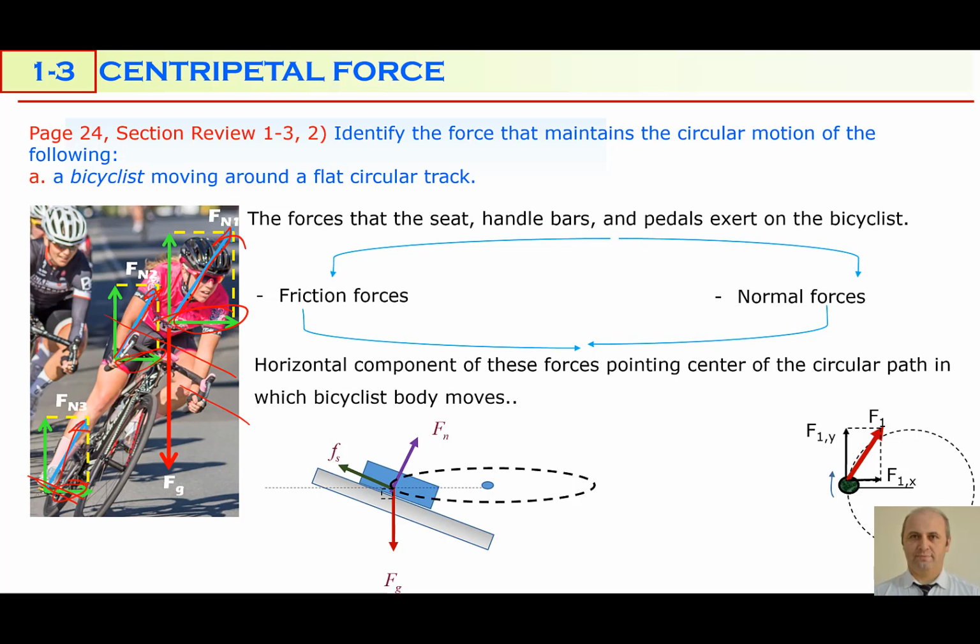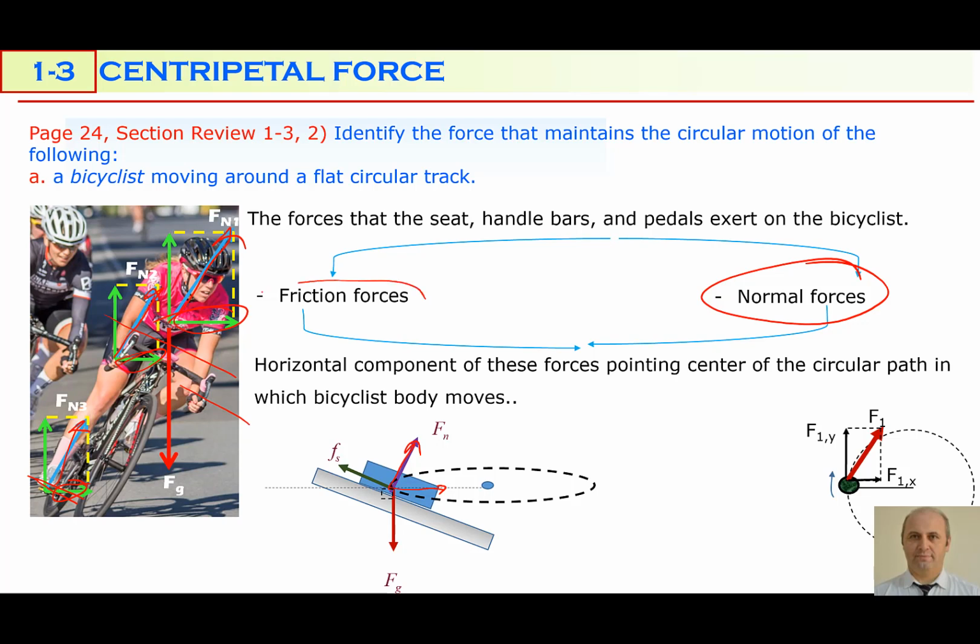If it were vertical, the normal force would not give a contribution, but because the bicycle becomes inclined, the normal force also becomes inclined, and this normal force provides a centripetal force for the cyclist. And one more force exists between the rider and the bicycle, which is the friction force, of course, the static friction force between the seat and the rider's body.